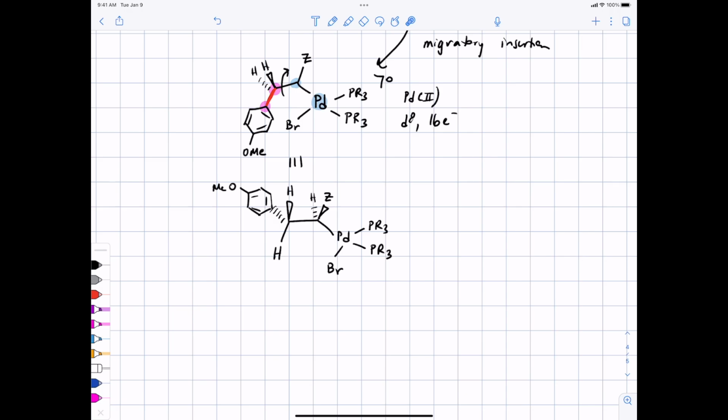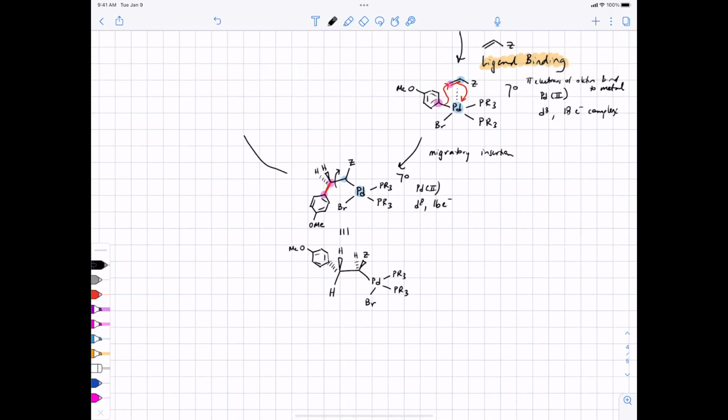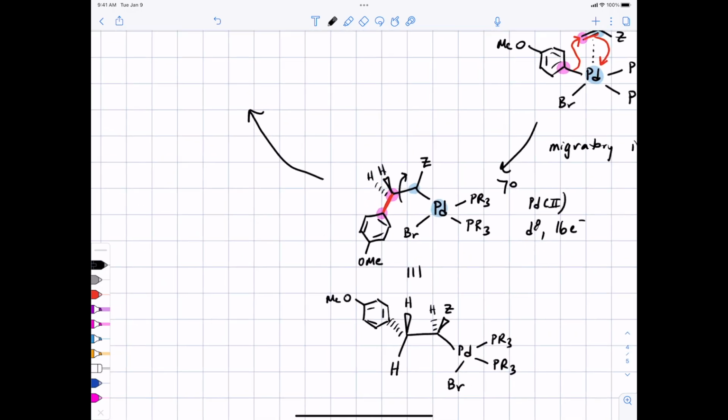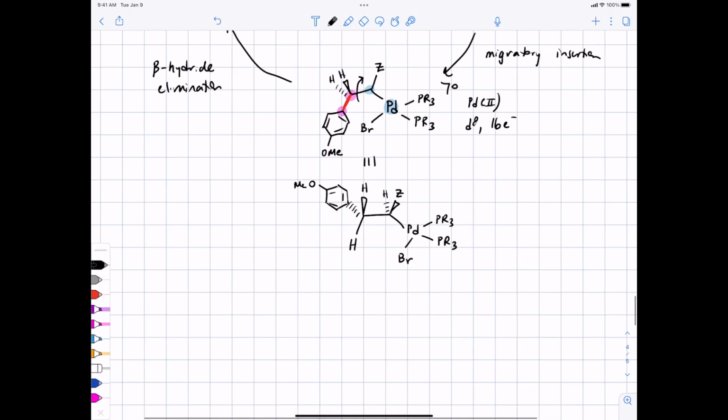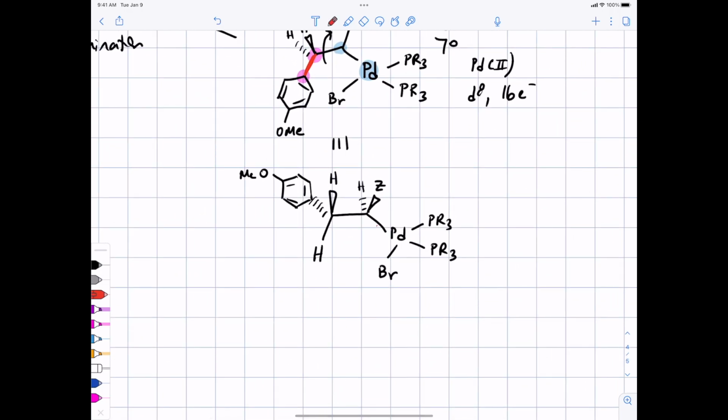Okay. Now, with the hydrogen pointed towards the metal, we can do a new mechanistic step that you're only going to see here. It's called beta hydride elimination. Basically, this involves electrons leaving the metal, collapsing to form the pi bond at the same time as hydride leaves and gets delivered to the metal.